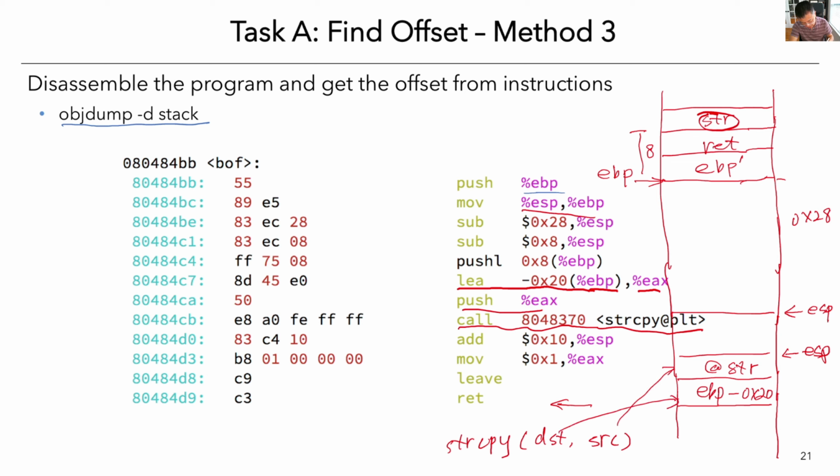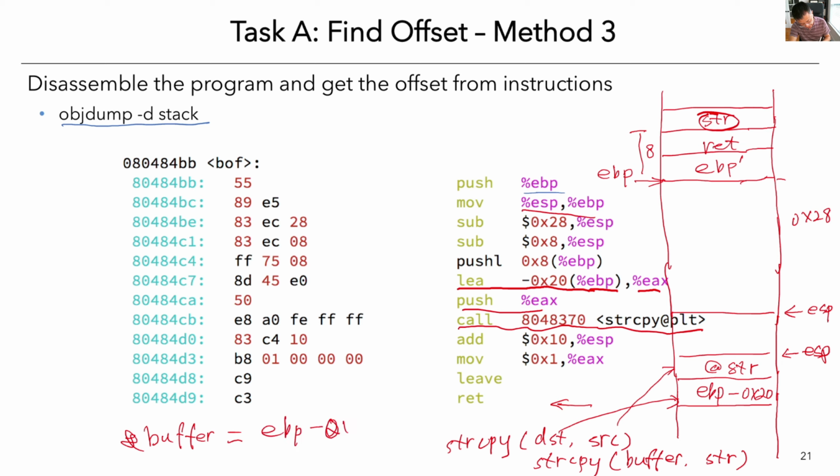In our vulnerable program, that will be strcpy buffer and str. The address of buffer equals EBP minus 0x20.